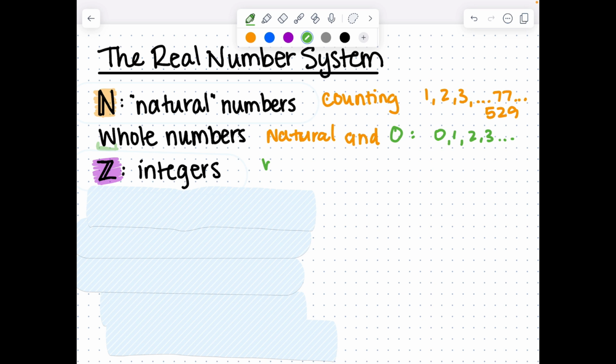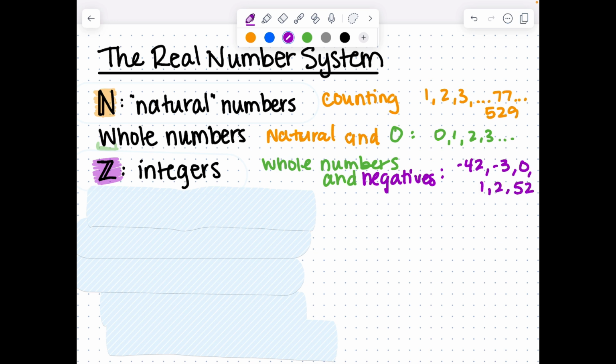Now, this is the whole numbers and negatives. So when we're talking about integers, you could have negative 42, negative 3. 0 is still included. You get positive numbers. So the negative numbers, 0, positive numbers.